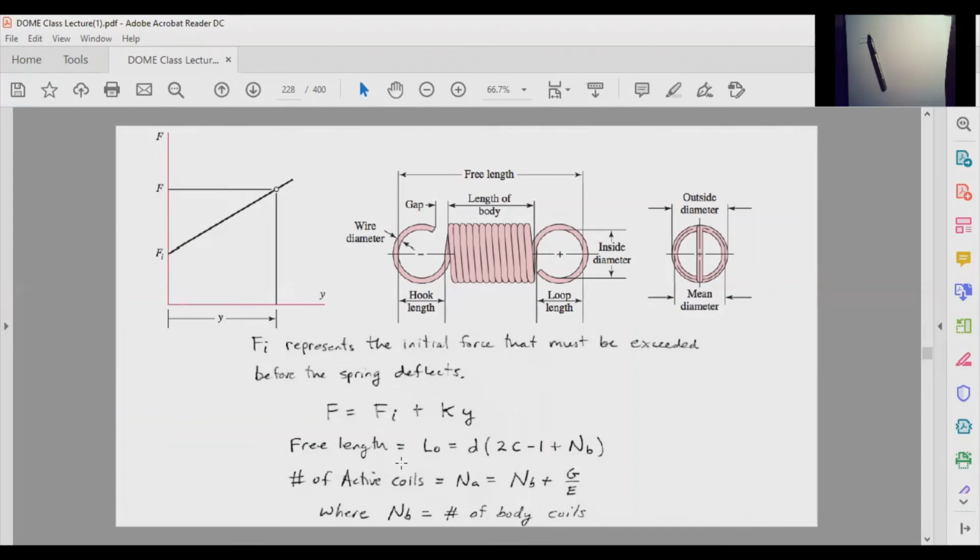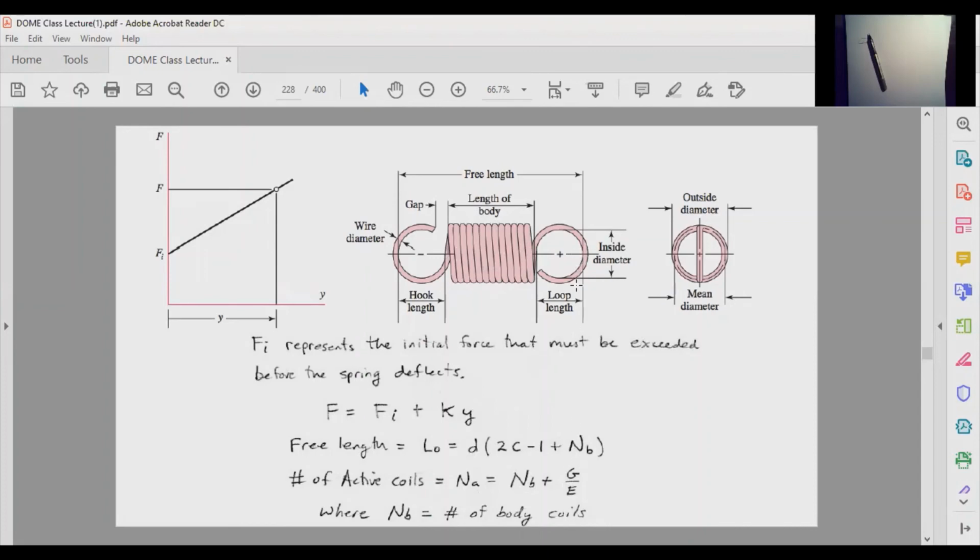The free length of an extension spring is going to be equal to this equation, and the reason why is that L0 is going to be equal to d, the wire diameter, multiplied by the number of body coils. So 1, 2, 3, 4, etc. Count these, multiply them by the diameter, and you get the length of the body, which is d times NB.